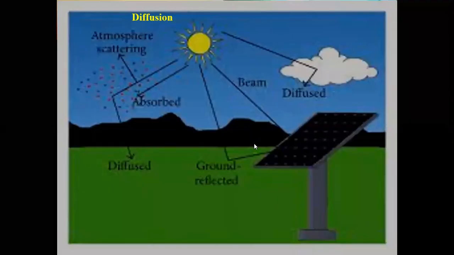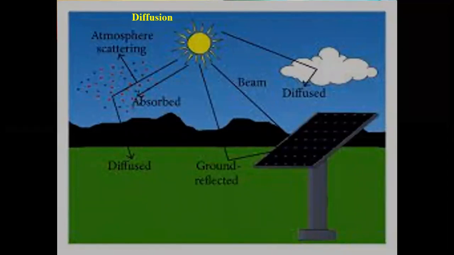The second process of atmospheric depletion is diffusion. When the diameter of the particles is larger than the wavelength of the incident beam of light, true scattering does not occur, and the effect of the particles is of the nature of diffuse reflection or diffusion. It is effective for all wavelengths.